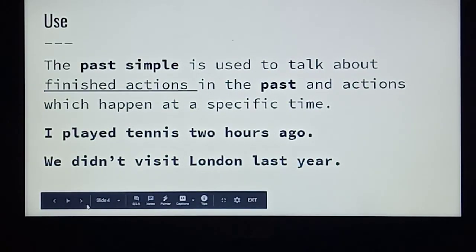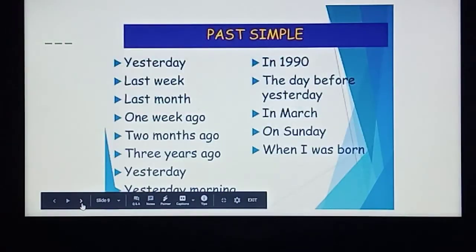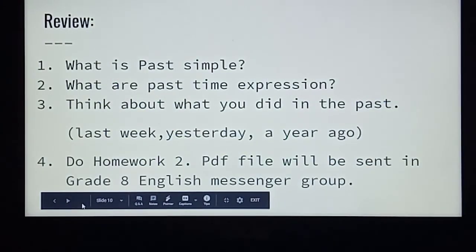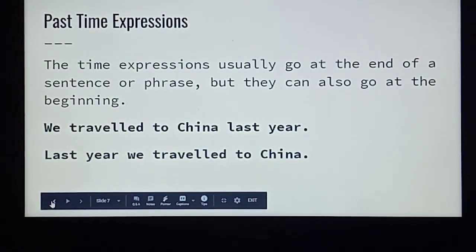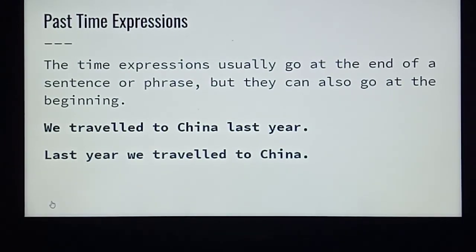Now let's go to question number 2. What are past time expressions? The time expressions usually go at the end of a sentence or phrase, but they can also go at the beginning. So the examples, we traveled to China last year. Last year, we traveled to China.